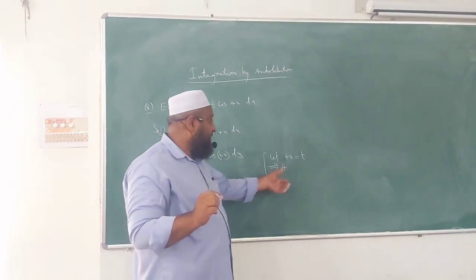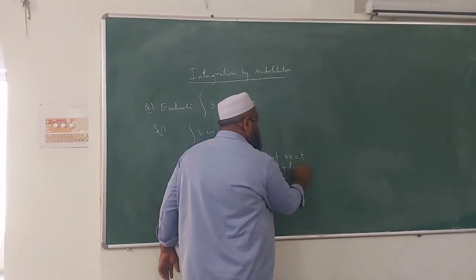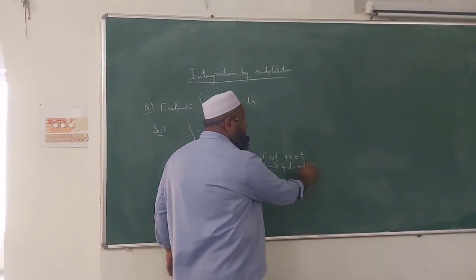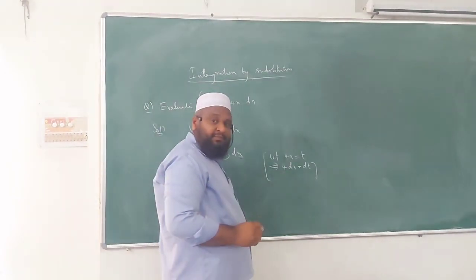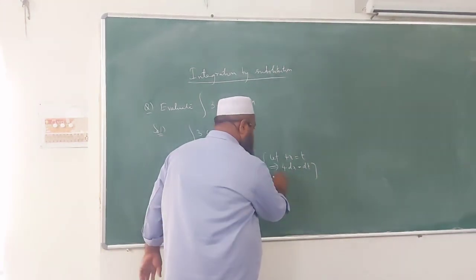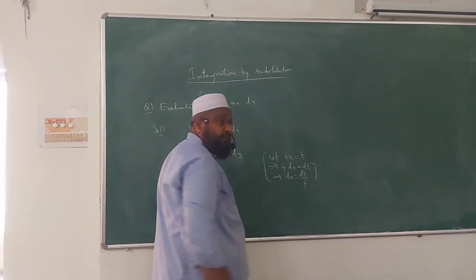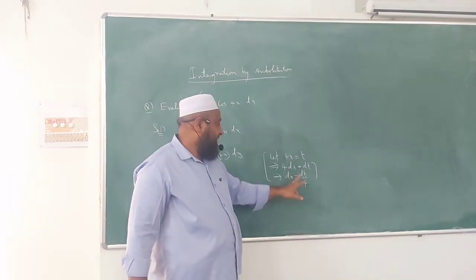D applied to this one becomes dt. So 4 dx is dt, and dx is dt by 4. So 4x is t and dx is dt by 4.